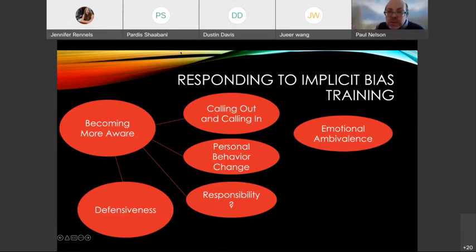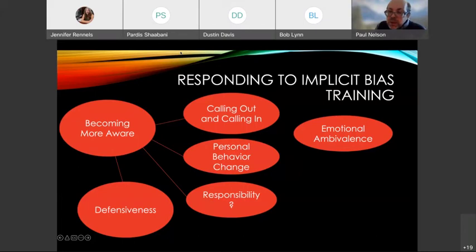One thing we see in the literature, especially for dominant group members, is that having those individuals think about positive attributes associated with their group before talking about these things associated with negative bias that have often been expressed by those members of dominant groups, that kind of priming of positive emotionality actually creates more of this emotional ambivalence, so that trainings are more effective in creating change.